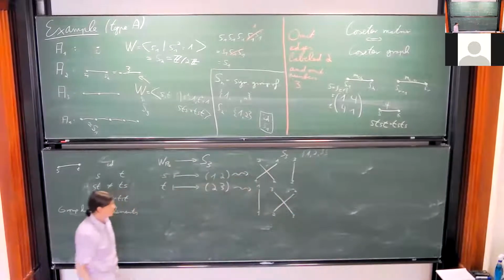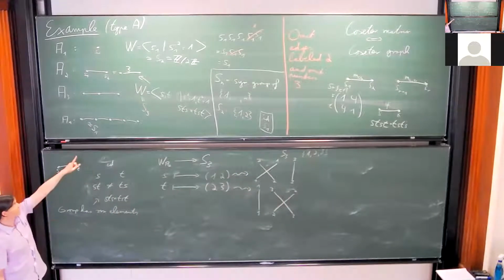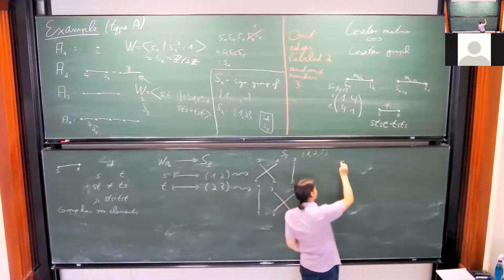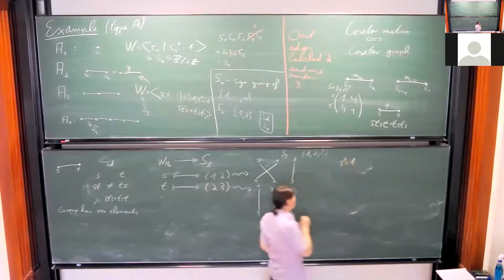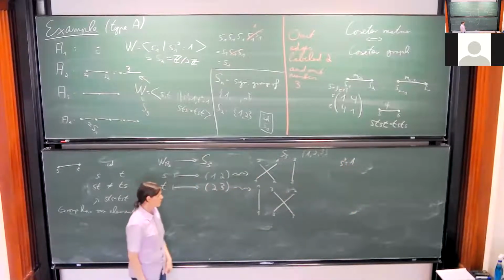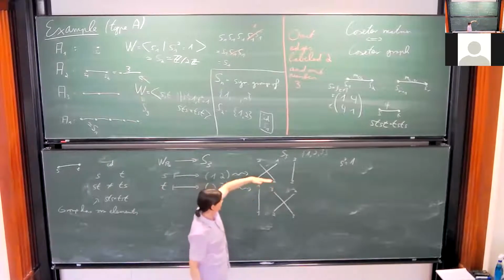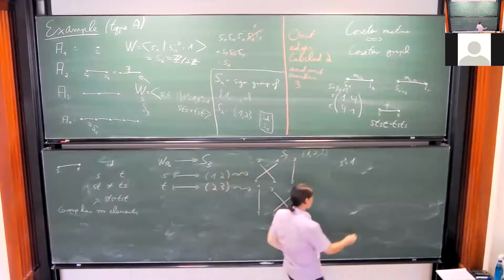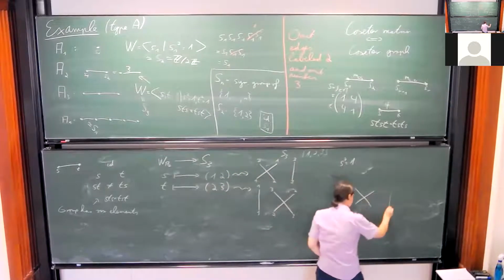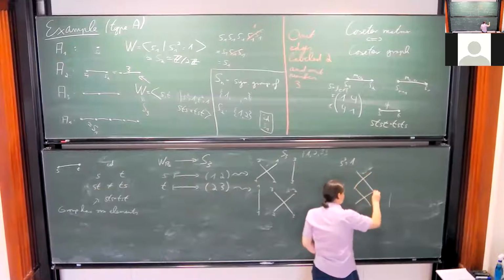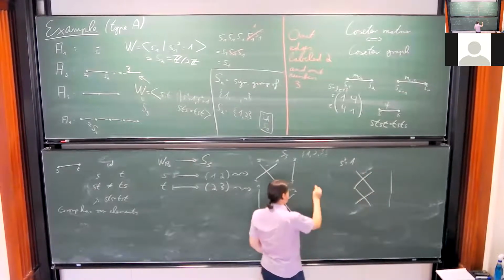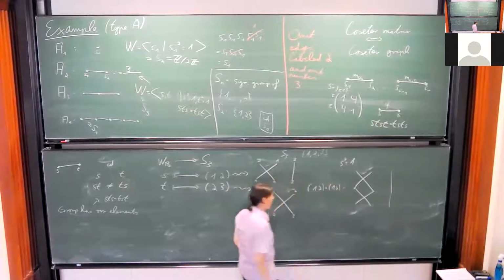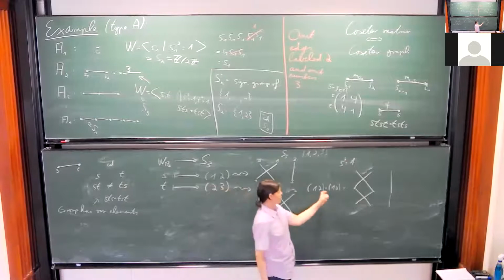Okay. So now let's check the relations. Remember, we had this relation, S squared equals 1. Well, let's draw a diagram. What is concatenation? Let's just take this diagram and stack it on top of itself. This is a concatenation of S and S. What does it do?